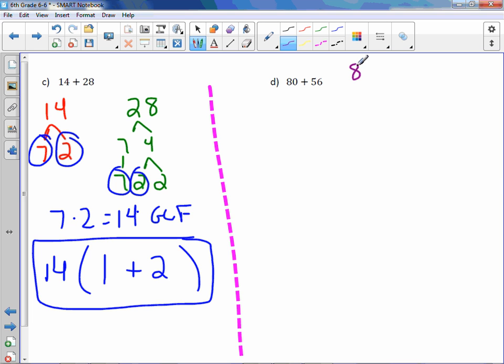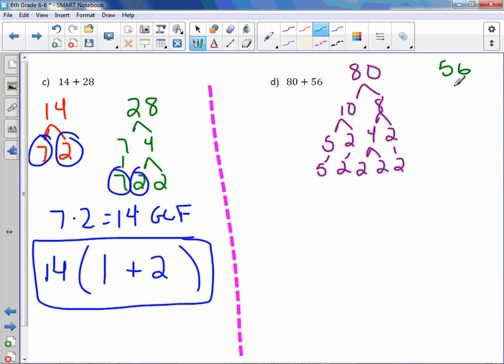Letter D, we have 80, which can be 10 and 8, 10 which is 5 and 2, 8 which is 4 and 2, 4 which is 2 and 2. Bring down the rest of the numbers. 56 is 7 and 8, 8 is 4 and 2, and 4 is 2 and 2. Bring down the 2, bring down the 7.